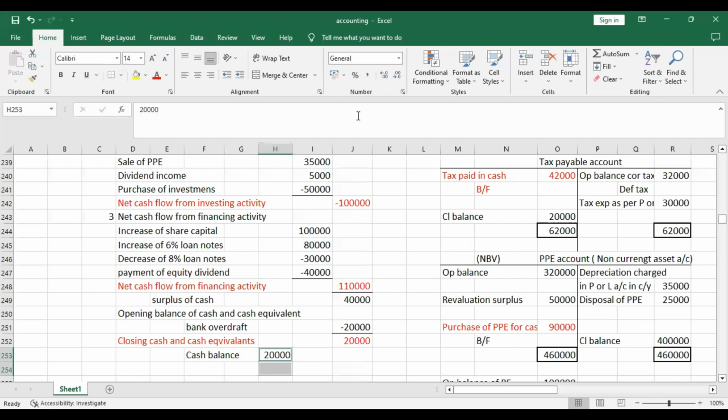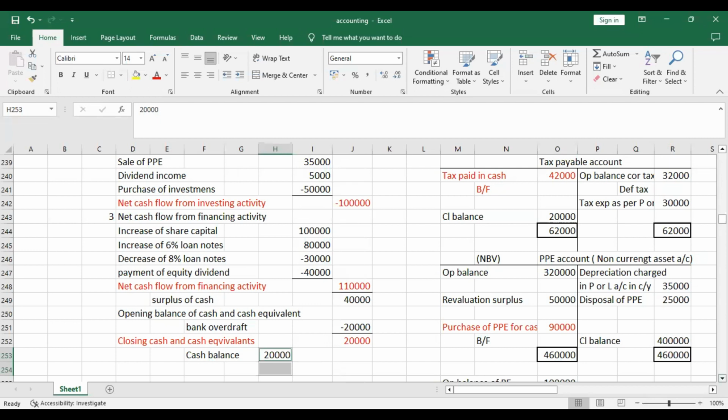Are you clear? So with this we'll close, and tomorrow we will take one more problem which can have 2, 3, 4 adjustments, including leasing and government grants, an exam-type problem, which will help you solve the cash flow statement.